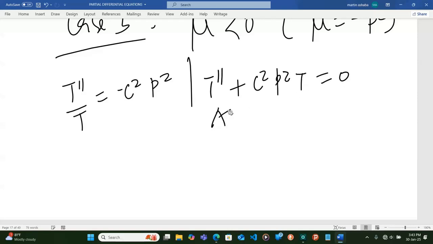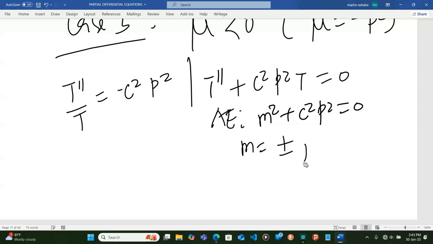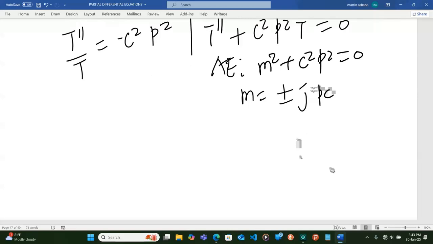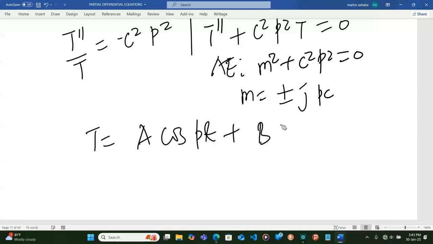So if I talk about the auxiliary equation, m squared plus c squared p squared is equal to 0, then I will have m equal to plus or minus j pc. So if we do that, then that would leave us with a solution that t is equal to a cos pct plus b sine pct.